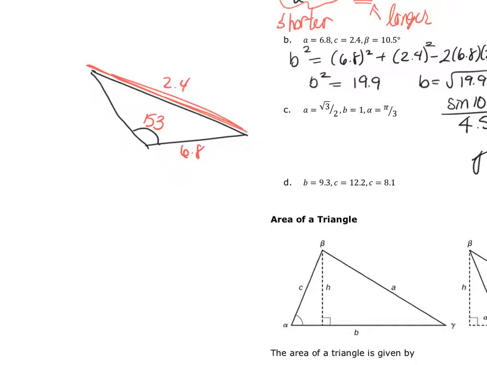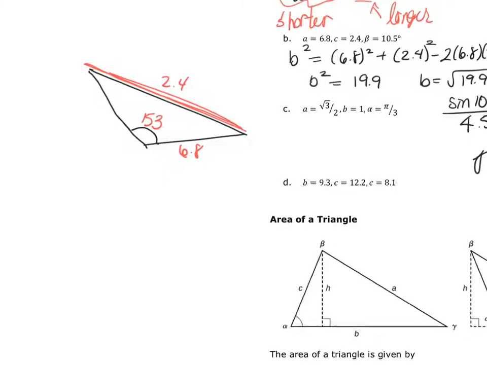No. Do we actually have a triangle? No. We went through all of this work and we still don't have a triangle. The math works out, but we do not have a triangle. You'd have no triangle, so you'd write no triangle.